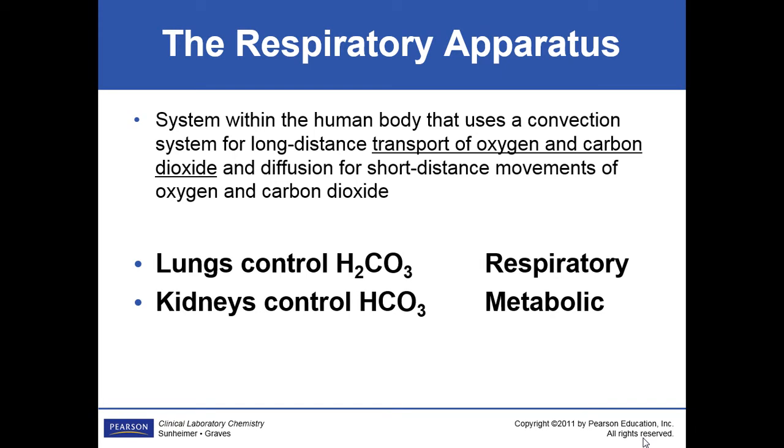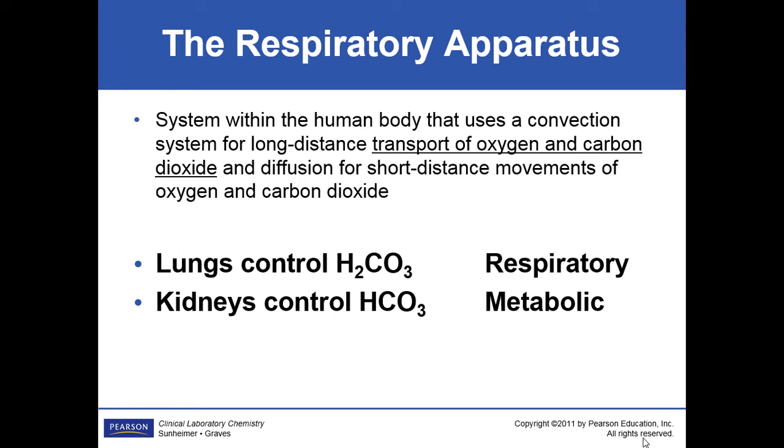Your lungs are the respiratory component, and we understand that. They control the carbonic acid. Your kidneys control the metabolic component, which is your bicarbonate. You want to get those straight in your mind. So metabolic has to do with the renal system. We didn't get into a lot of that. We will this summer in urinalysis, with bicarbonate being moved back and forth through that system.